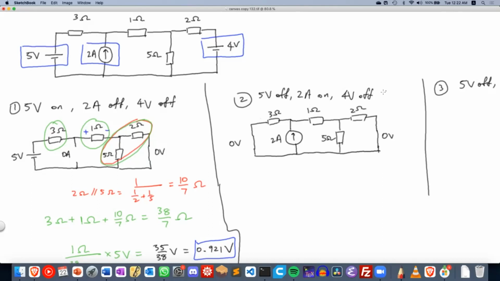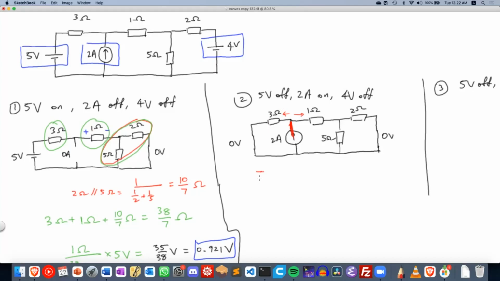So the first step would be to calculate the current. The current of 2 ampere is flowing in this branch, and then it splits up into two: one branch through here and one branch through here.